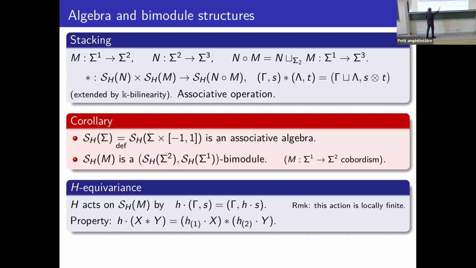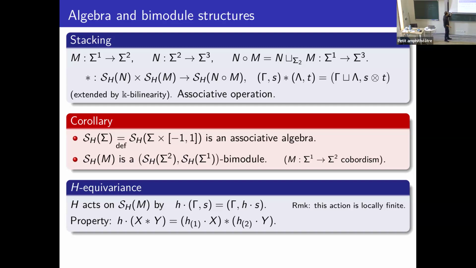This makes sense, okay? And then you say the action of an element of the ribbon Hopf algebra H on a stated skein is just the action on the states. And in this way, SH of M becomes an H-module. Just a remark, the action is locally finite, meaning that every element has a finite orbit, because the states are elements of a finite dimensional H-module by definition. So the action is locally finite.